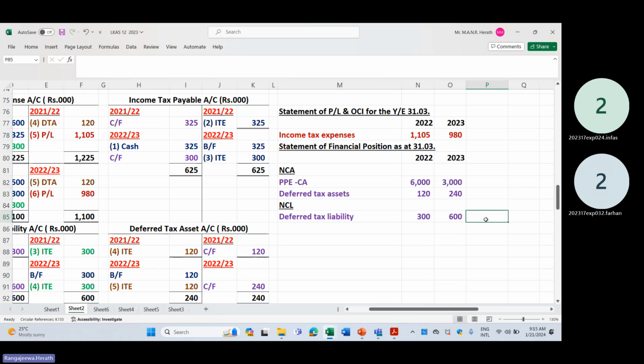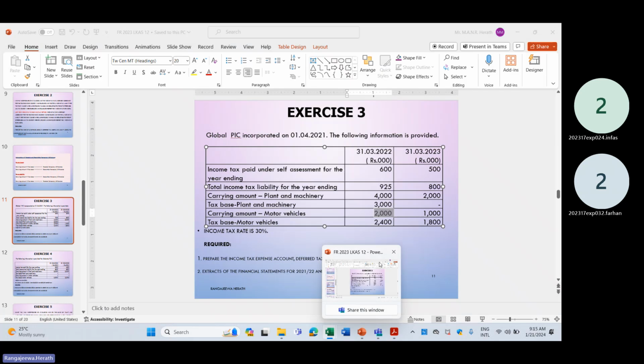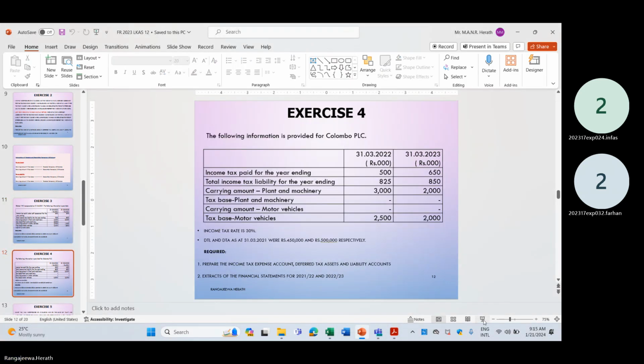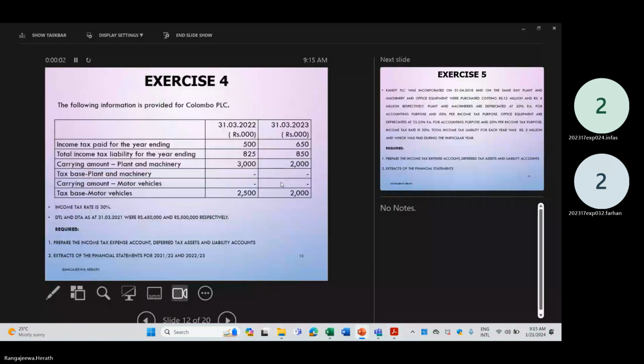So anything that you debit or credit to the deferred tax liability or asset account, the other corresponding entry always goes to the tax expense account. With that, you can attempt exercise 4. Here, income tax paid for the year and income tax liability for the year.